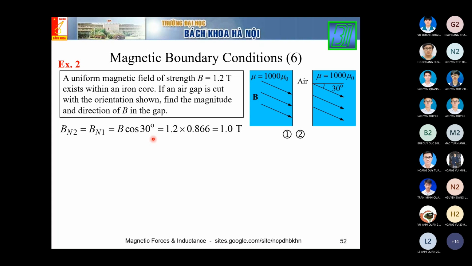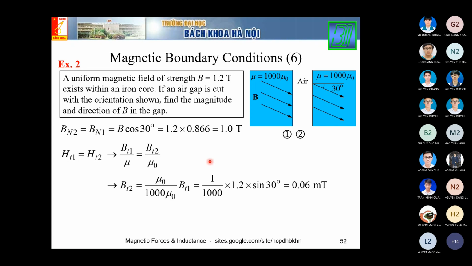And then to find the remaining component, I mean the tangential one, we firstly use this condition. And of course, we have to rely on the given permeabilities of 2 reasons. And to find the tangential component, which is this one, then you have to project this vector onto this direction. And you can do that by, for example, multiplying this one to sine of 30 degrees, like this.